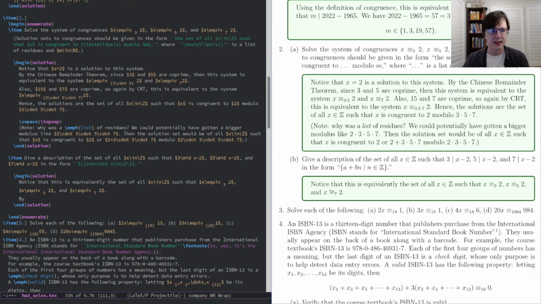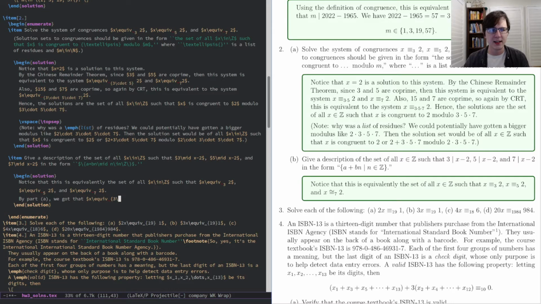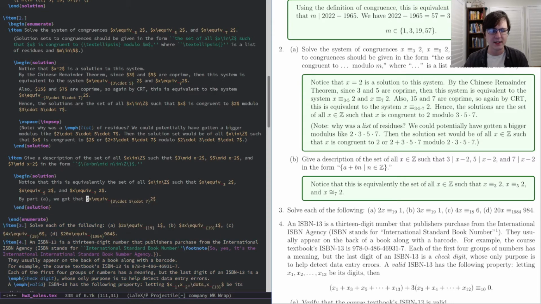Then by part A, we got that x is congruent mod 3 times 5 times 7 to 2.